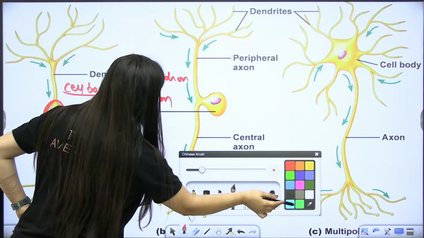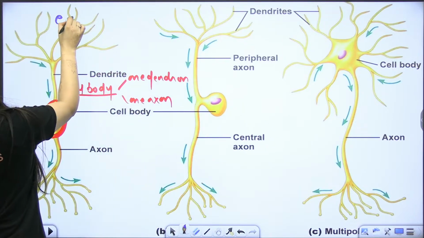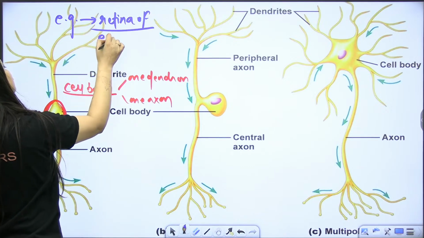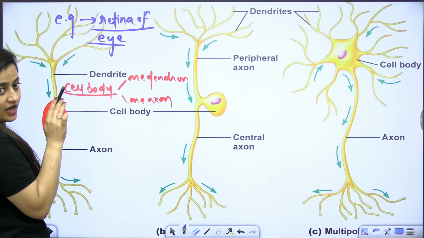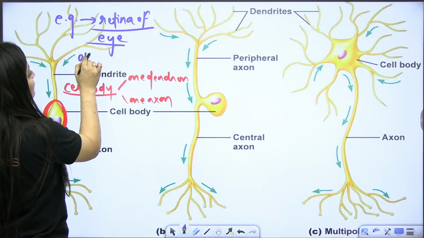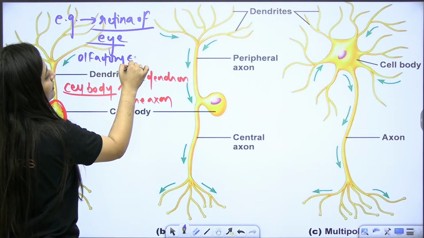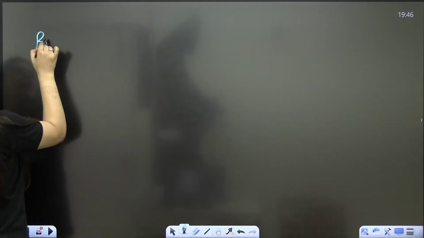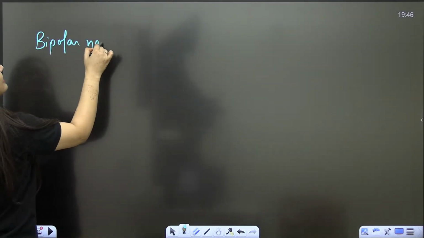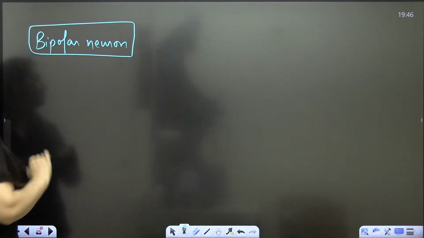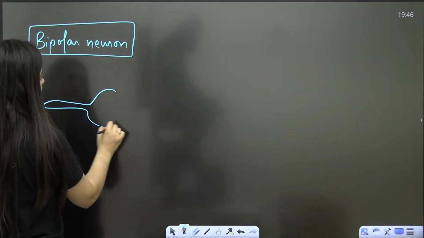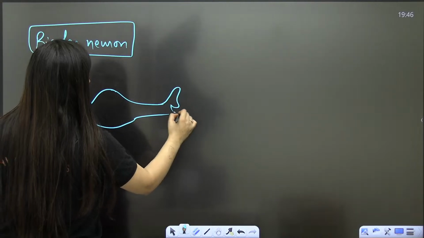Again, the example is important. The example is the retina of the eye. The eye is deleted from our syllabus, but still we need to focus on this diagram. Even in the olfactory epithelium, we will discuss it. It is the bipolar neuron: a cell body, one dendrite, and one axon.